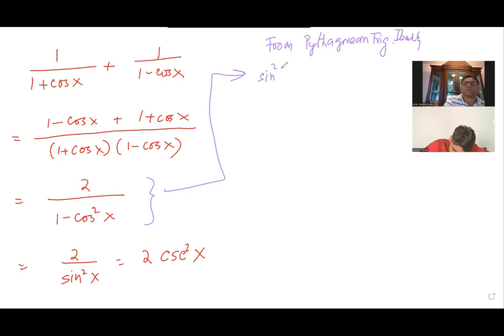Sine is cosecant, so 2 cosecant square x, right, sir?